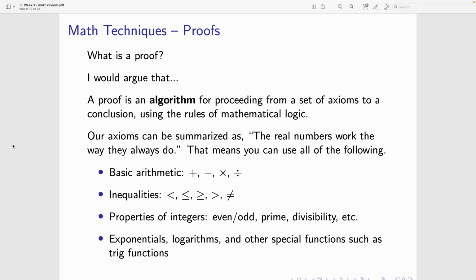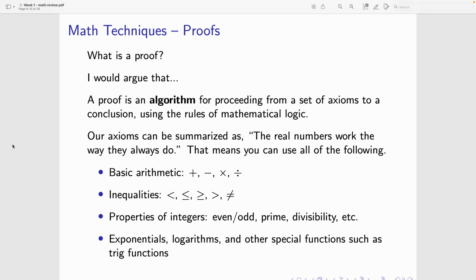So first, axioms. Those are the things that you assume are true to begin your proof. This is sort of going more into philosophy, but you kind of have to assume at least some things to arrive at any conclusion. You can't just assume absolutely nothing and conclude anything.